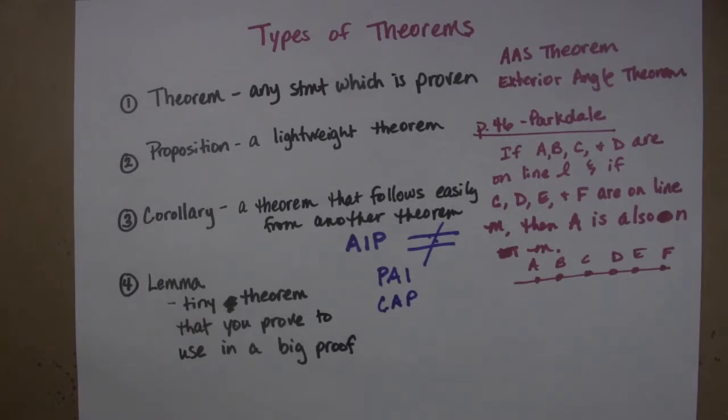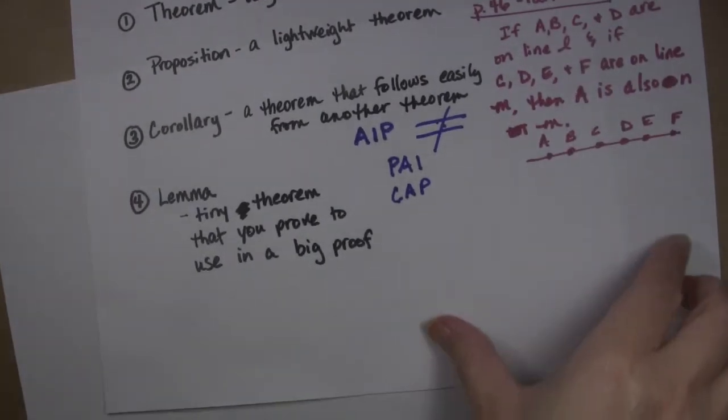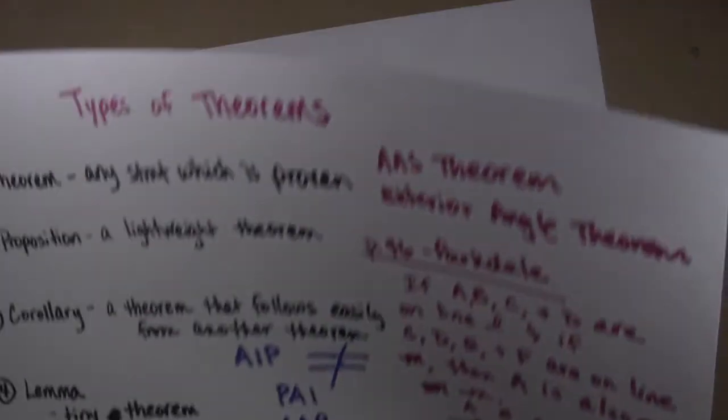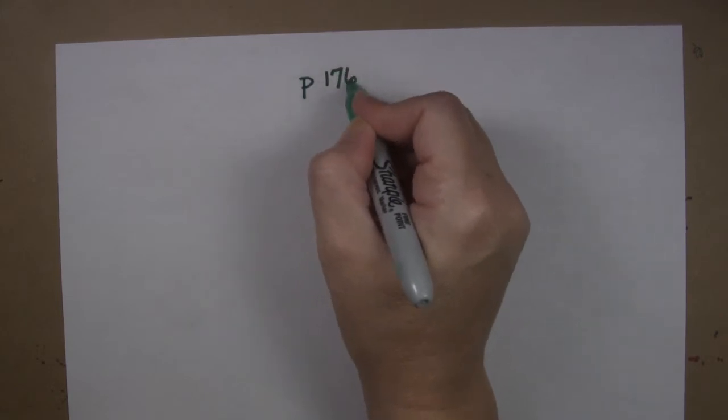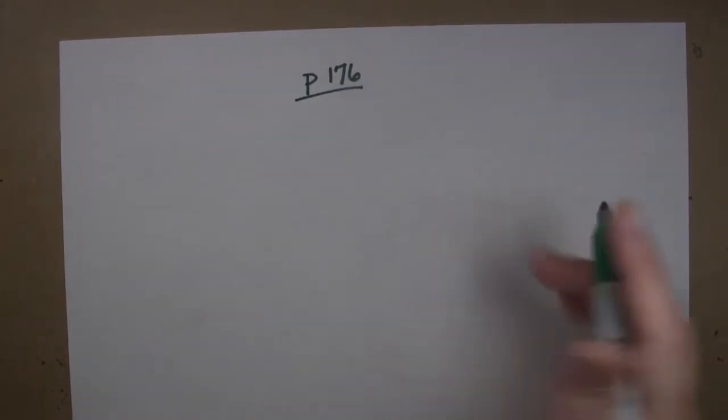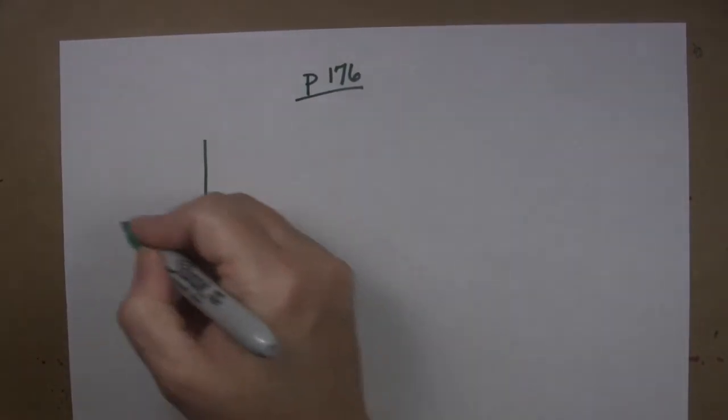So let's take a look at an example lemma. And this comes out of your book. This is on page 176. Hold on. Having a little technical difficulties here. There we go. Okay, so page 176, we have a lemma that looks like this.